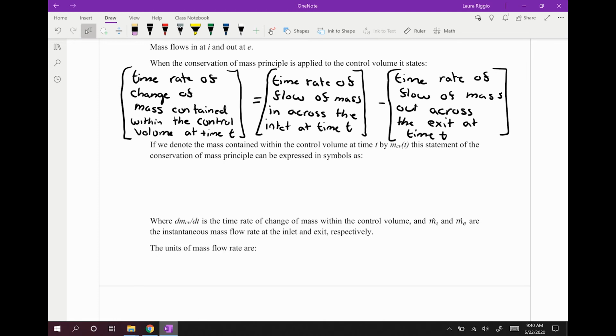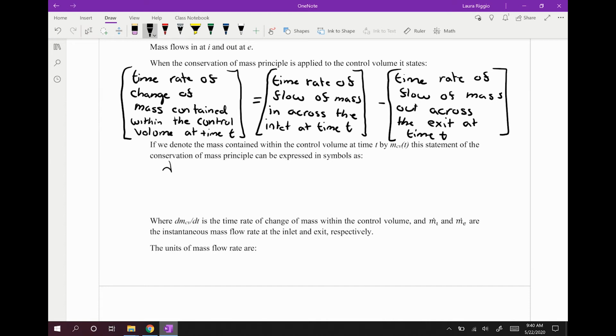When the conservation of mass principle is applied to the control volume, it states that the time rate of change of mass contained within the control volume at a given time t is equal to the time rate of flow of mass in across the inlet minus the time rate of flow of mass out across the exit.